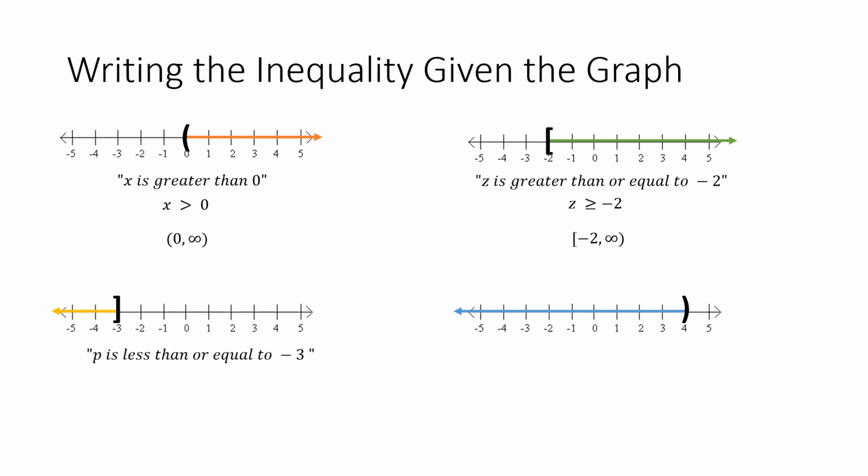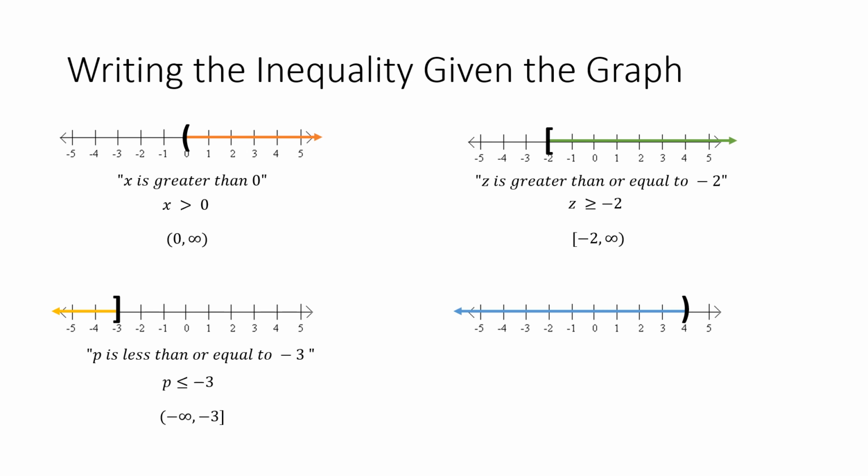And so I'm going to use p this time as my variable, so p is less than or equal to -3, since there's a bracket that tells me that it can be equal to -3. And so as an inequality, we would write it as p is less than or equal, with a line underneath it, to -3.